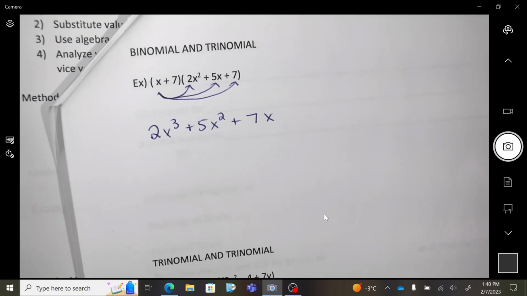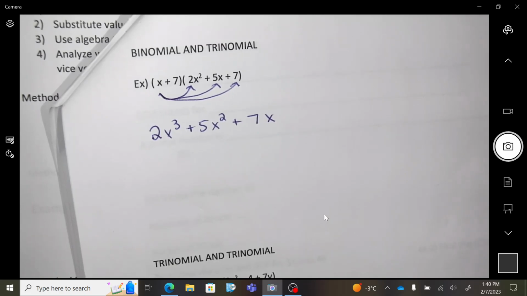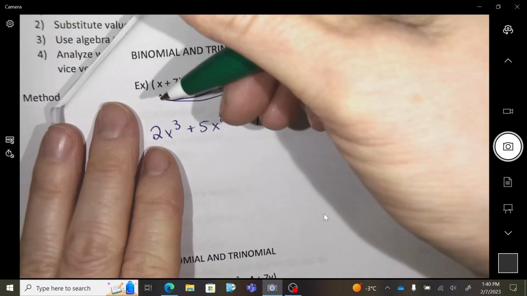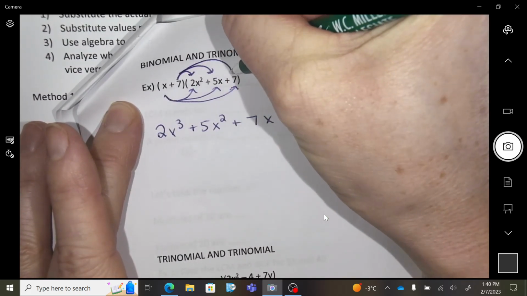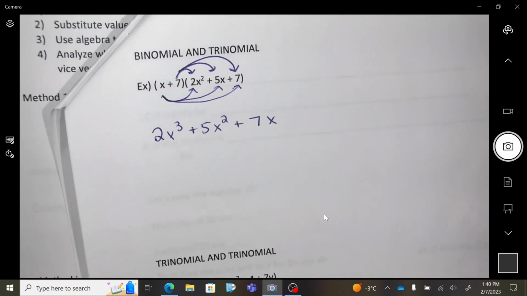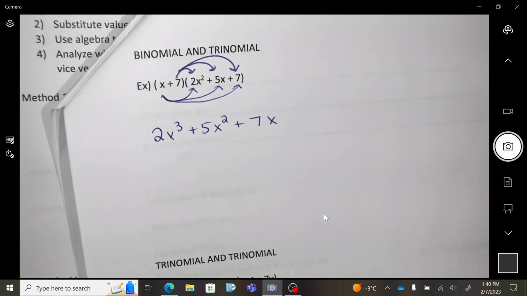Okay, how did that go? The x with each different one. Okay, now we're going to have to put the 7 with each one from the other bracket. Okay, so the x to each one and then the 7 to each one.